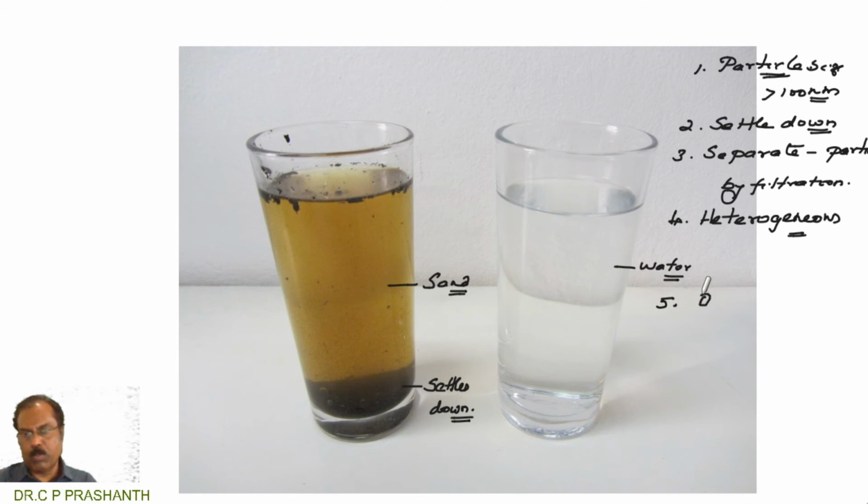Definitely it is opaque. If you stir it, the sand particles will mix with the water, and light cannot pass through it, so it will be opaque. So these are the observations we can make about this mixture, and we call them suspensions.